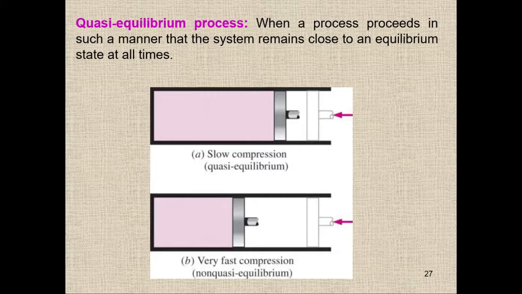Means the system is moving very slowly so that the equilibrium is maintained at all times, which is not possible in real life. Otherwise, if you have to move from one point to another point, you will take a year to do so.